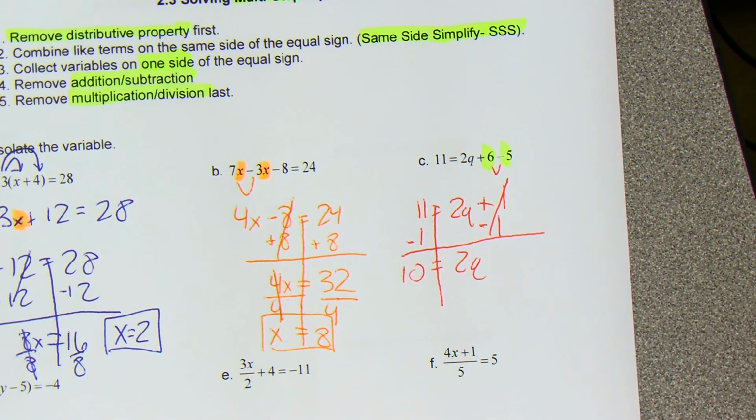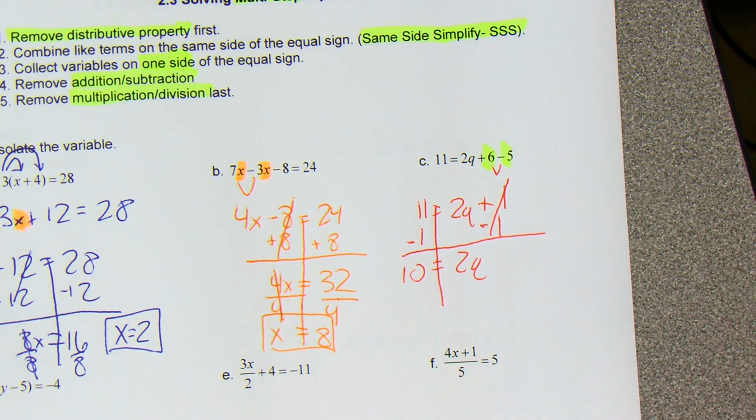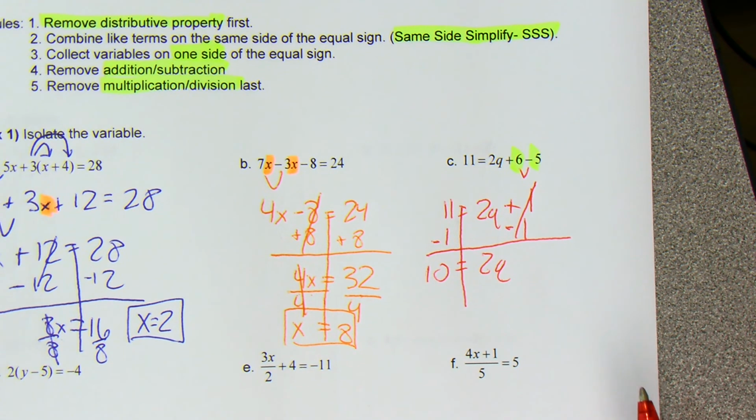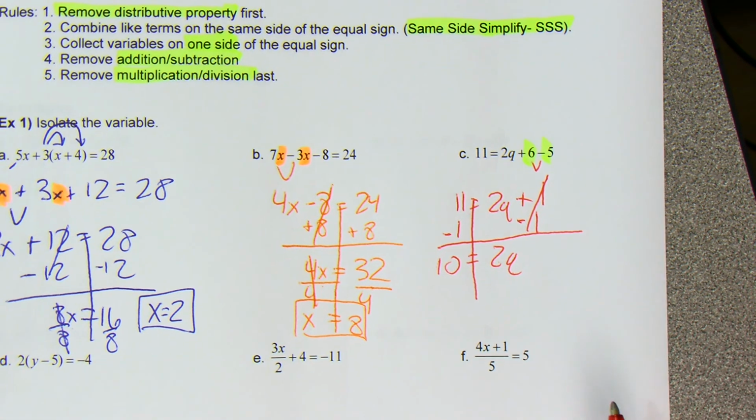Okay, so now that I have 10 equals 2q, I need to figure out how to move this 2 to the other side of the equal sign to get my q by itself. So I know that anytime I have a number next to my variable, that is multiplication, right? This number is multiplying my variable. Okay, so in order to undo multiplication, I need to do the opposite operation. The opposite operation of multiplication is always going to be division. So I need to divide by the number that is multiplying my variable.